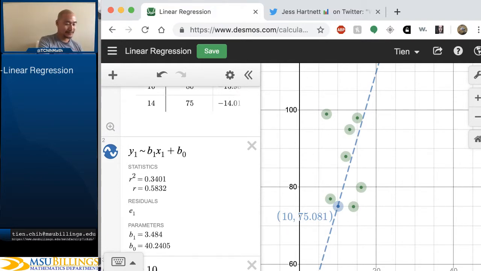Okay, so at this point, it behooves me to give some very important warnings about when it's appropriate to use linear regression and when it's not, and what linear regression means.